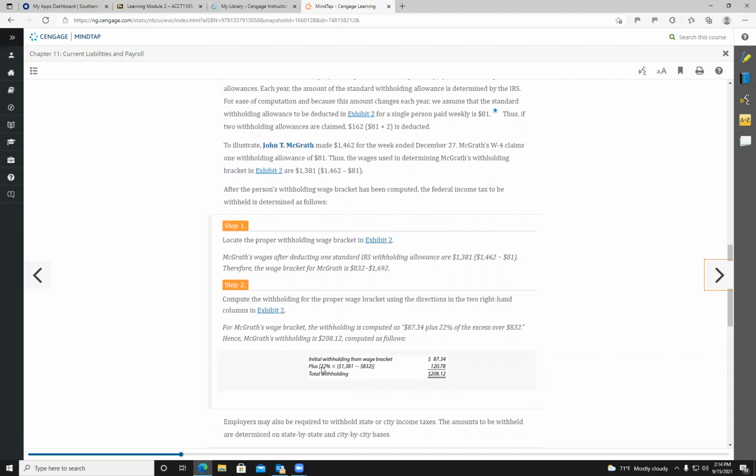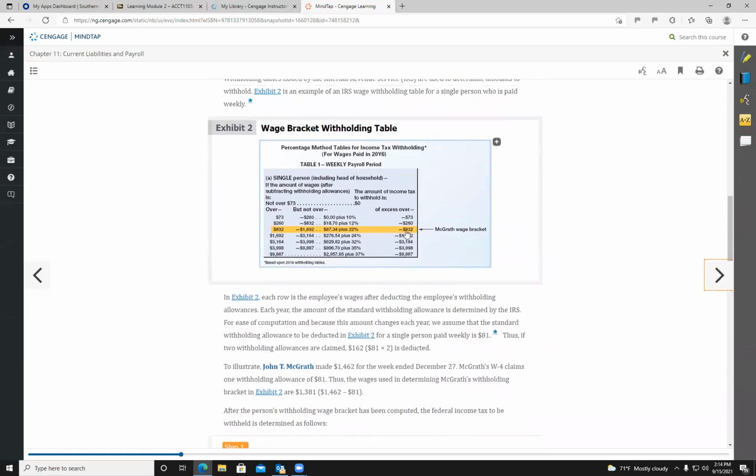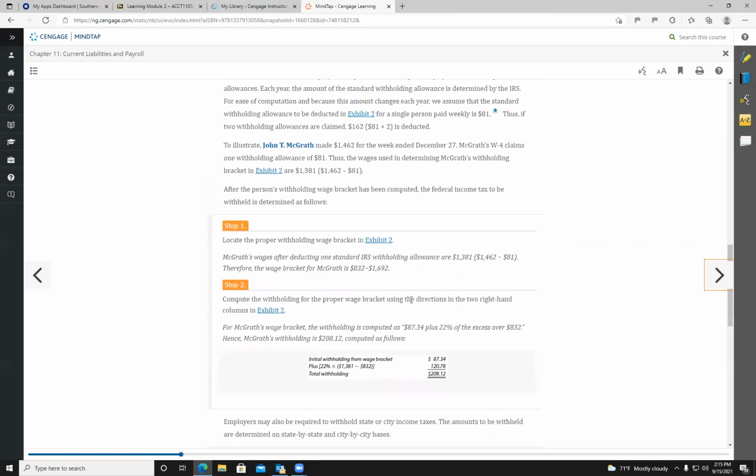The first calculation you're going to do is take the 1381, which is his wages after the withholding, and subtract 832, because it's only what's in excess of 832. So we want the difference between his wages after withholding minus 832. We take 1381 minus 832, and then multiply that by the tax rate, which is 22%.